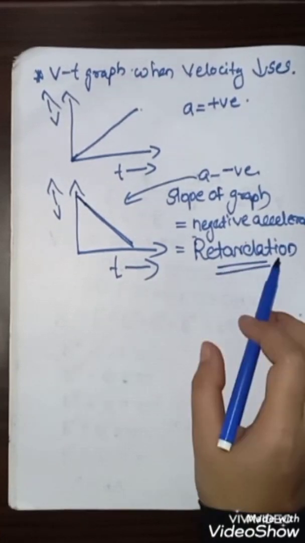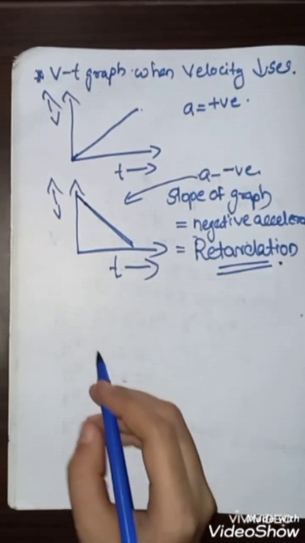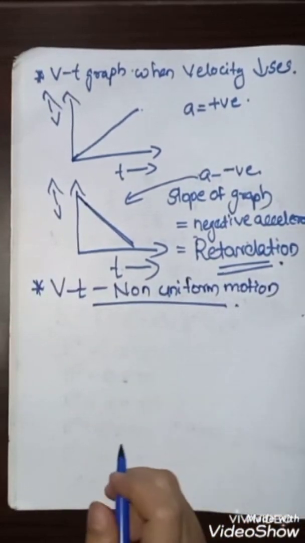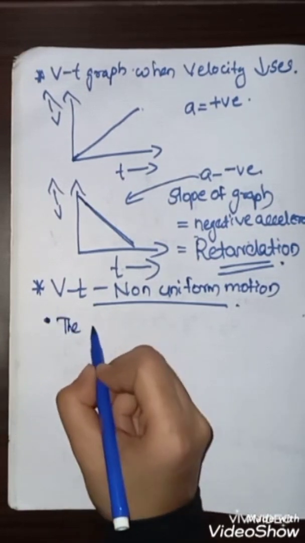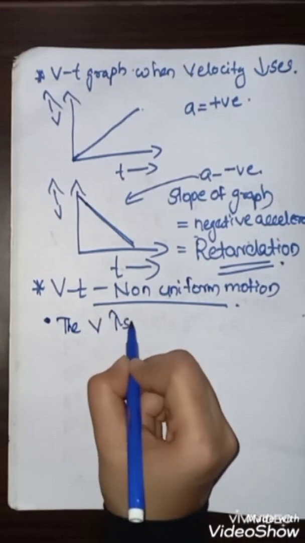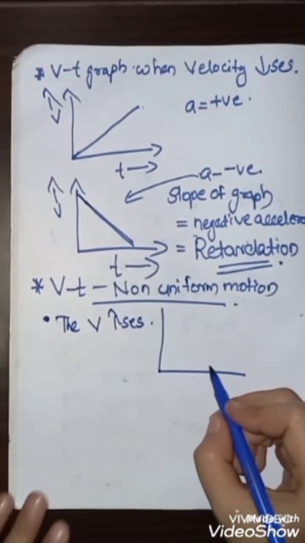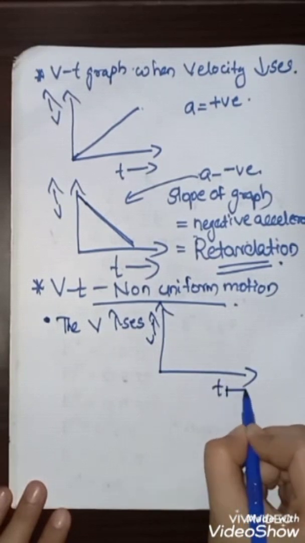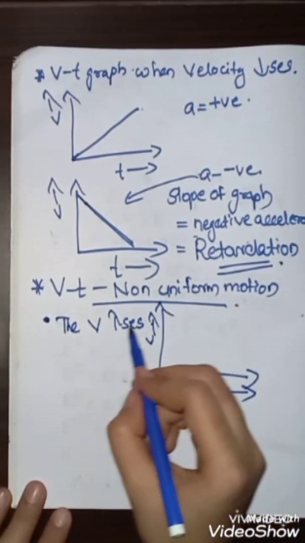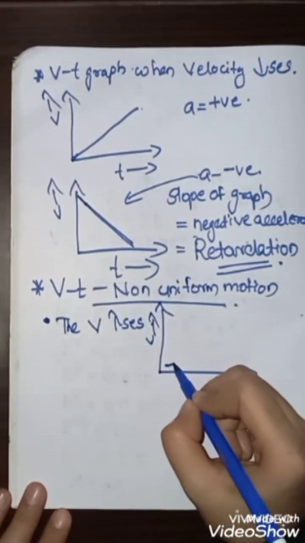Okay, the next and last type of graph is the velocity time graph for non-uniform motion. For non-uniform motion, in the first case, the velocity or the speed increases non-uniformly. That is, the graph is like this. Here the velocity and this is the time, and here the velocity increases non-uniformly, so the graph is like this.